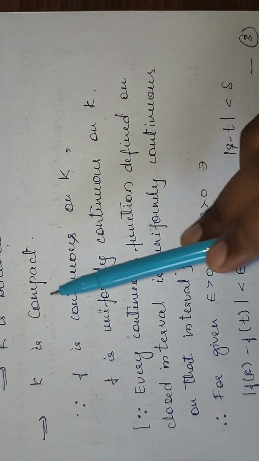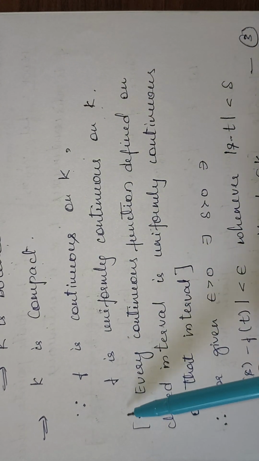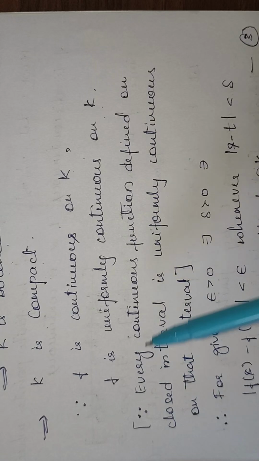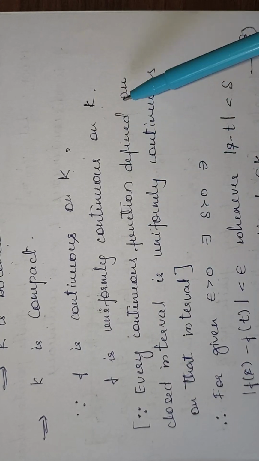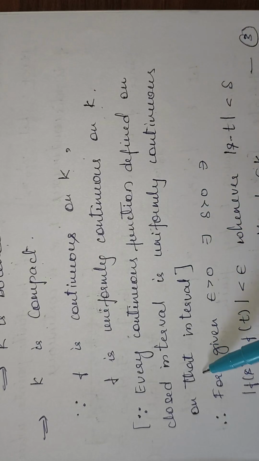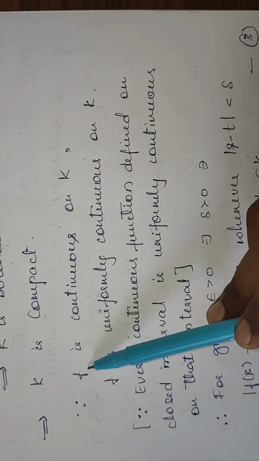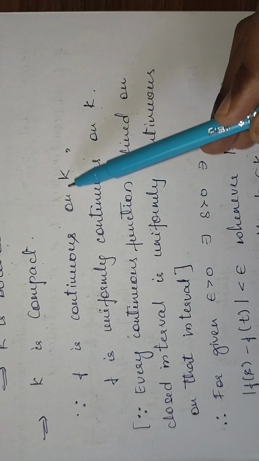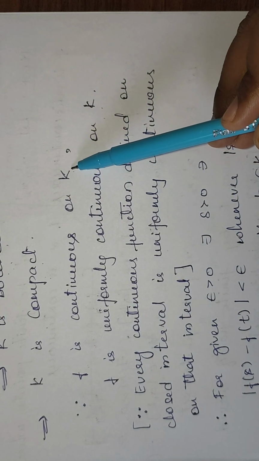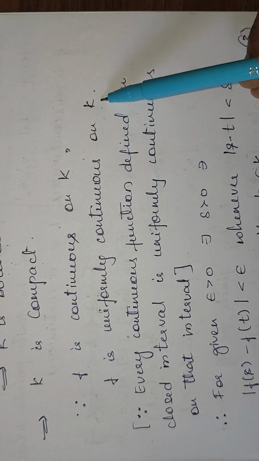Because K is compact. Since every continuous function defined on a closed interval is uniformly continuous on that interval, and f is continuous on K, obviously f is uniformly continuous on K.